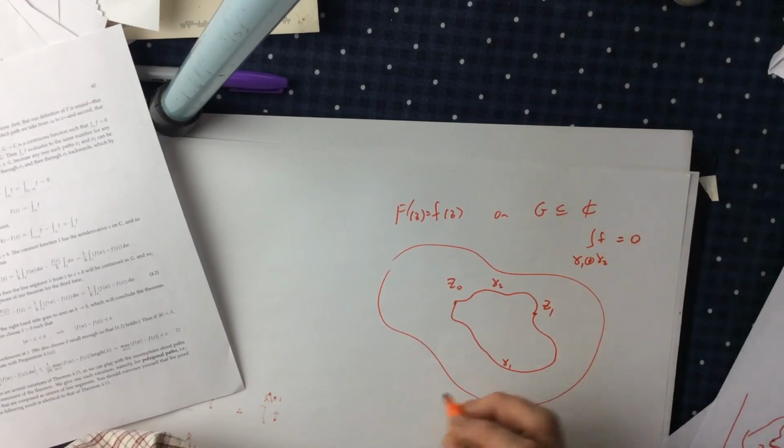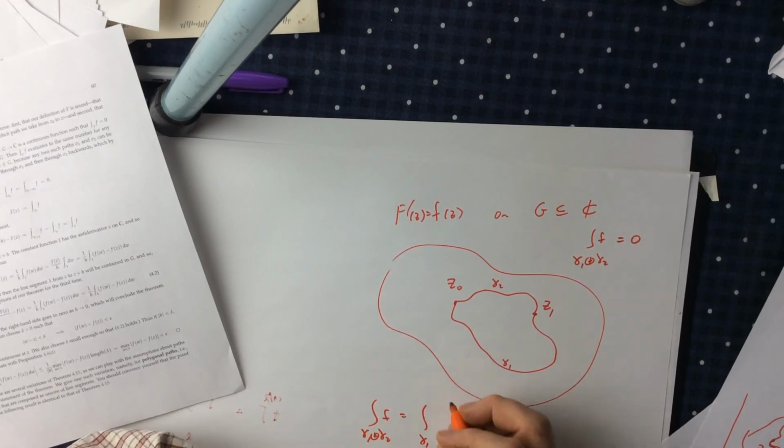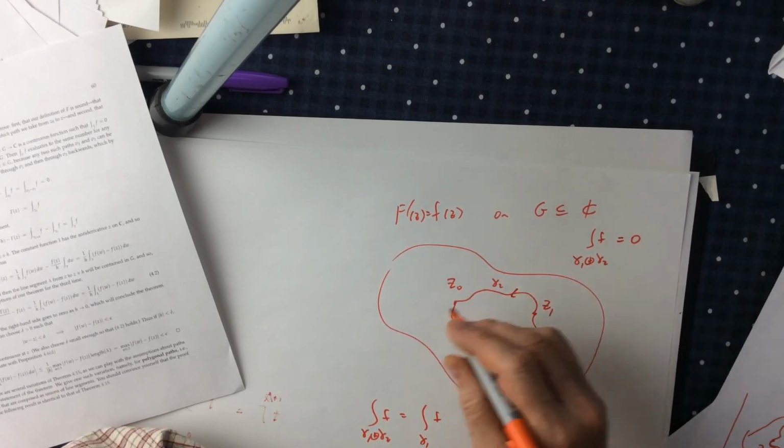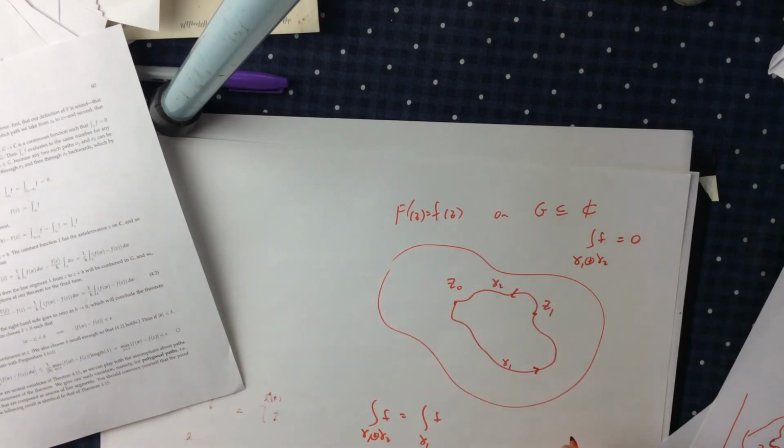But we know that this has got to be the integral of f over gamma 1 plus the integral over gamma 2 of f. So we go here and we go to there, but we get 0.